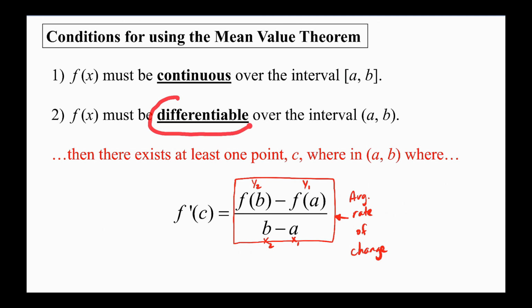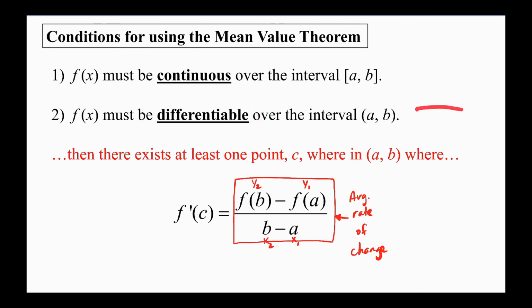And differentiable. Well, it's going to be differentiable. There are derivatives everywhere between negative 6 and negative 3. Anywhere I find a derivative, I'll always be able to plug in. That's what that means. So when you find a derivative, are you able to plug in a number and get an answer?